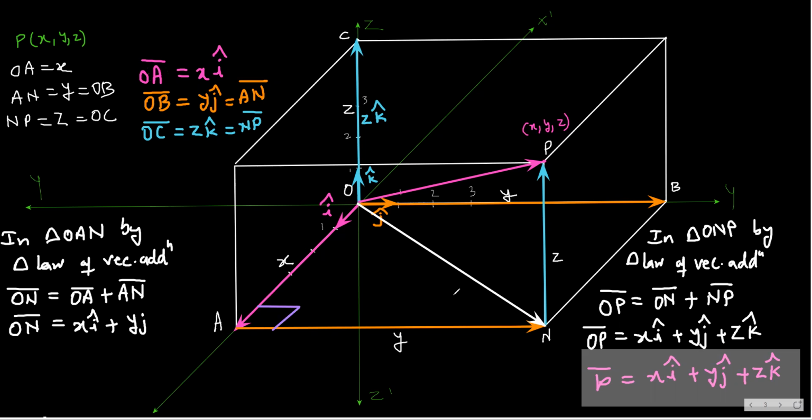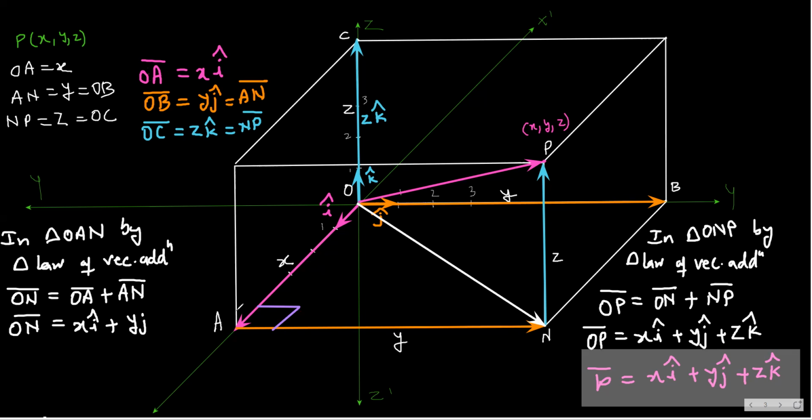So what I'm now going to do is work for the magnitude of vector OP bar. In triangle OAN, I apply the Pythagoras theorem.